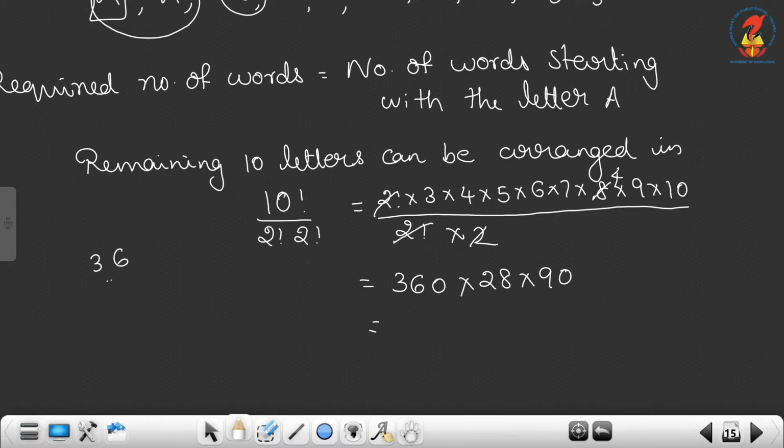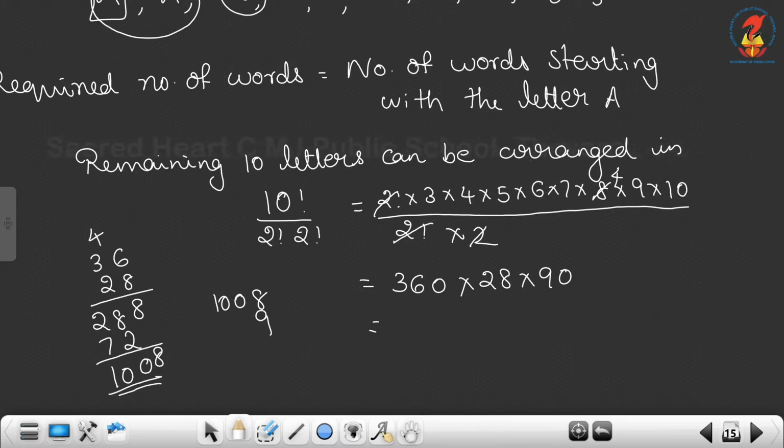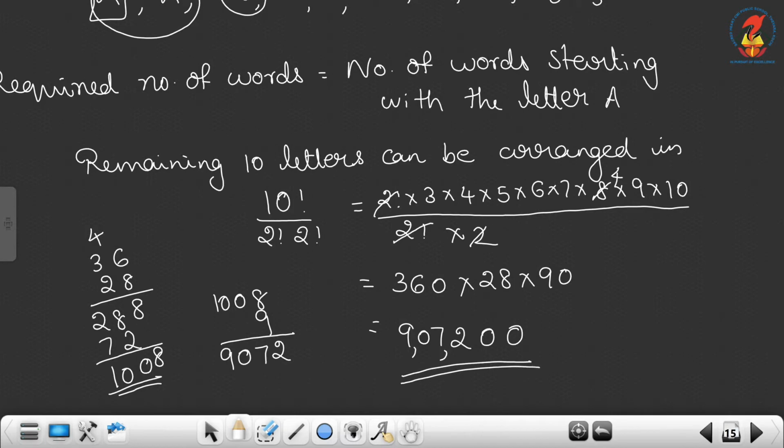Now 360 into 28: 6 eights are 48, then 7, 1008, then 1008 into 9, correct? 8 nines are 72, so 9072. Then 00 is there. So 9,07,200. That many words start with the letter A.